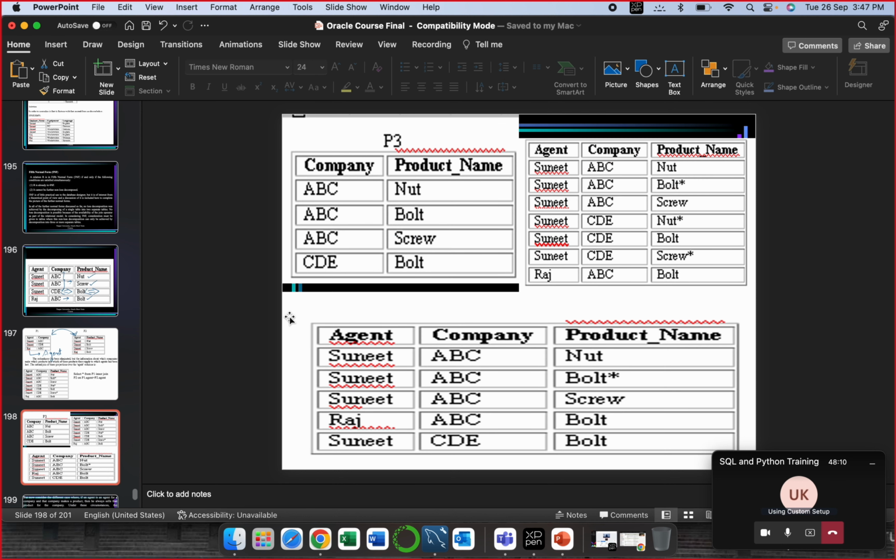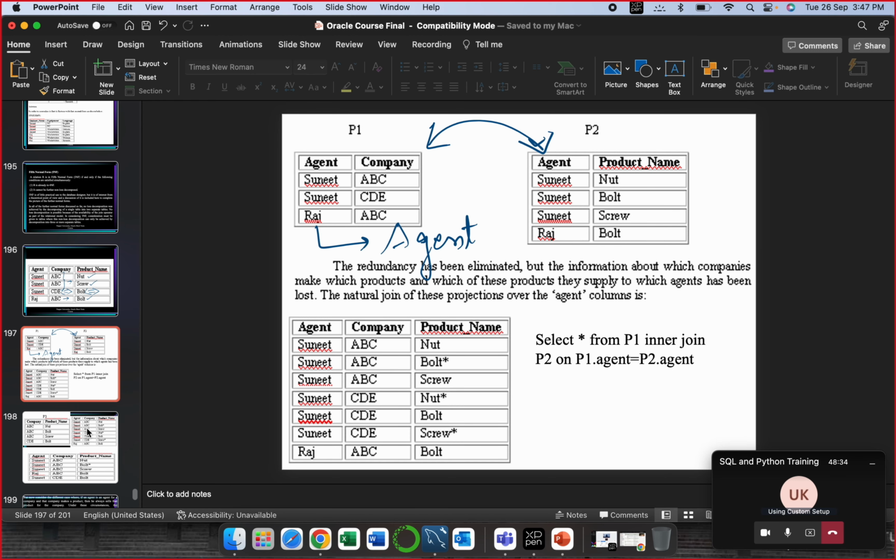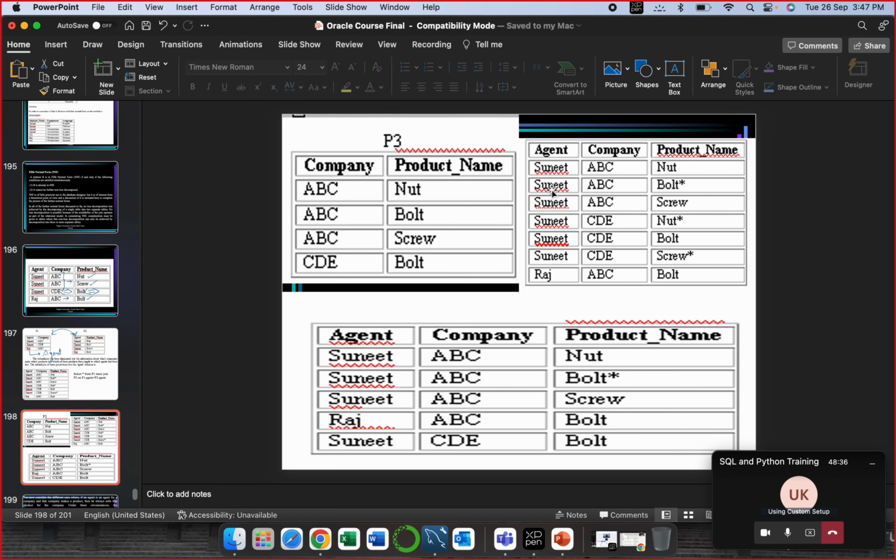So, what we do is we select the company, we divide this again further, and we create another table mentioning company and product. So ABC manufactures nut, bolt and screw, and CD manufactures bolt. Now when we combine it with the company part, Suneet ABC, this same table, Suneet ABC nut, Suneet ABC bolt, Suneet ABC screw, Suneet CD nut, Suneet CD bolt, Suneet CD screw.